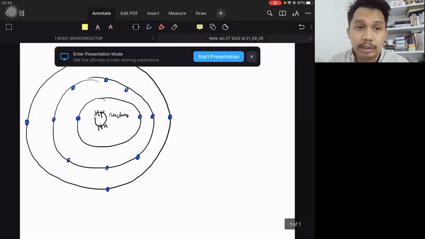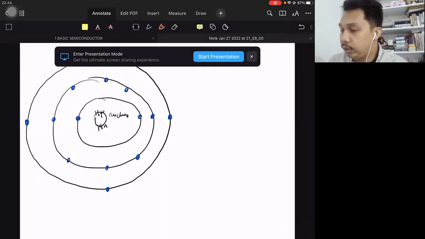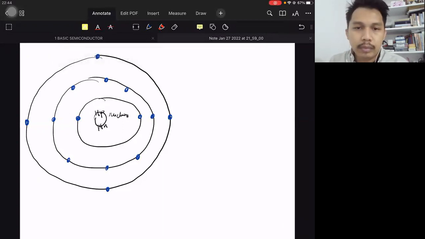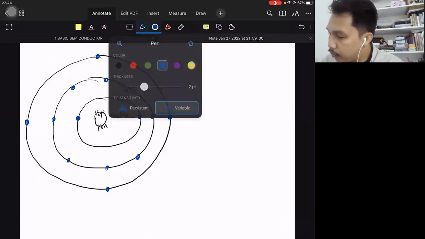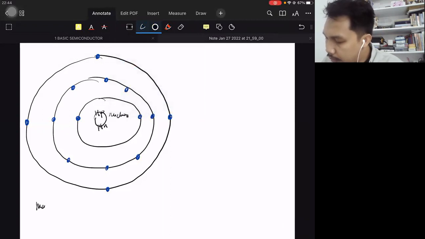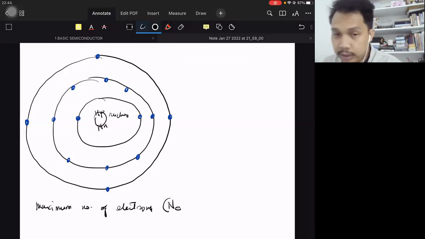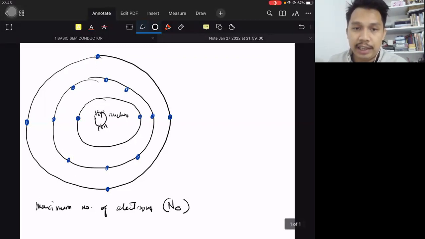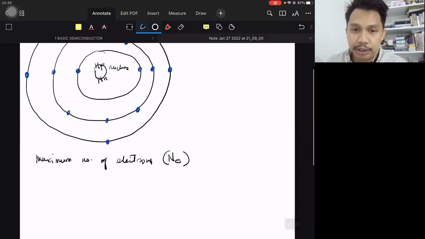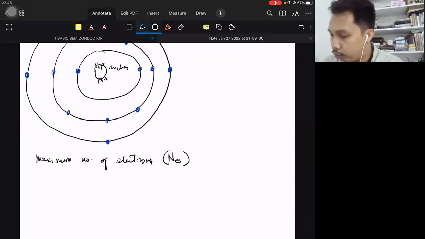Notice that there are 14 electrons surrounding the nucleus with exactly 14 protons and usually 14 neutrons in the nucleus. The maximum number of electrons, n subscript e, that can exist in each shell of an atom is a fact of nature and can be calculated by the following formula.